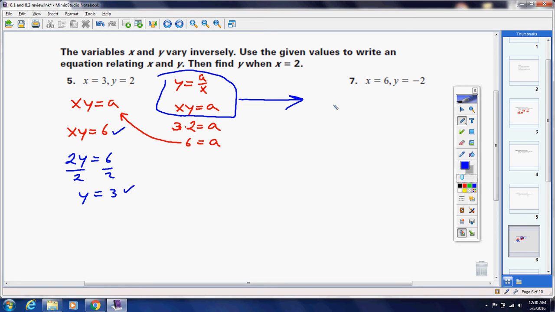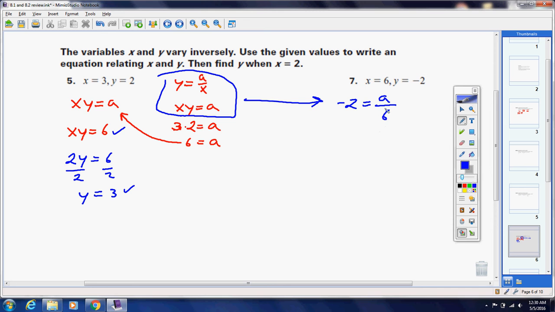Let me just use this top one this time. So I'm going to plug in x equals 6 and y equals -2. So -2 equals a, the specific constant value for this equation, over x, which is 6.